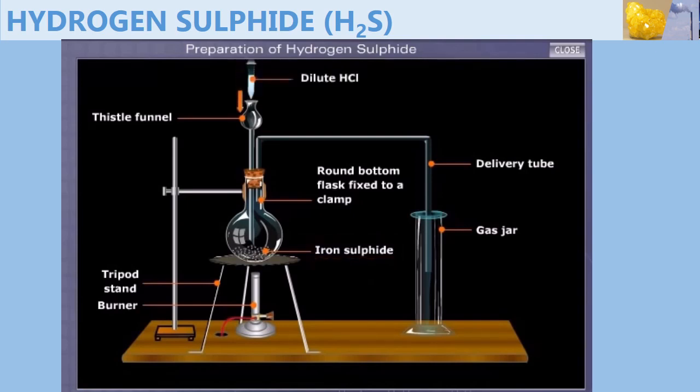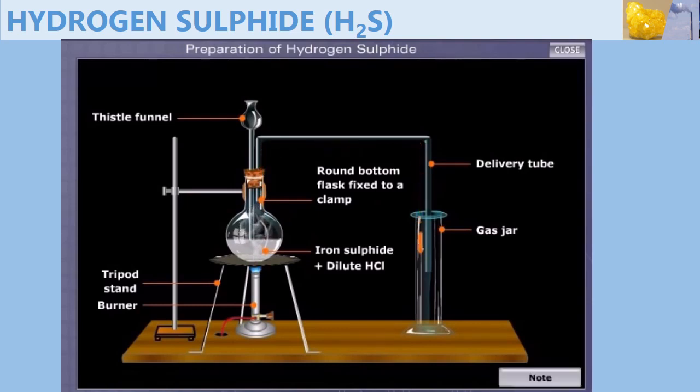Dilute hydrochloric acid is poured into it until the lower part of the thistle funnel is covered by the acid. A reaction takes place and the hydrogen sulphide gas is evolved. This gas is collected in the gas jar through upward displacement of air.